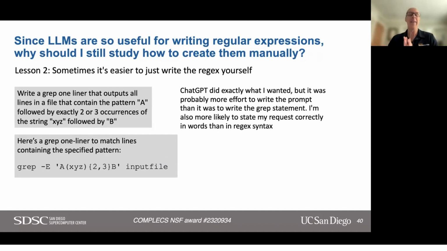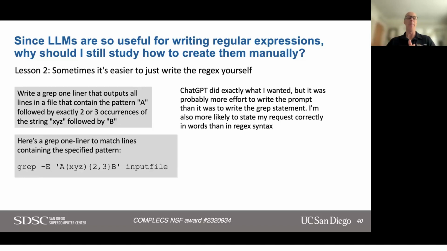Second, I find that sometimes it's just easier to write the regex yourself. So when I prompted ChatGPT to write a grep one-liner that outputs all lines in a file that contain the pattern A followed by exactly 2 or 3 occurrences of the string XYZ followed by B, it gave me a valid regex that did exactly what I wanted it to do. But I'm going to say, in this case, it was probably more effort to write that prompt than it was to write the grep statement.